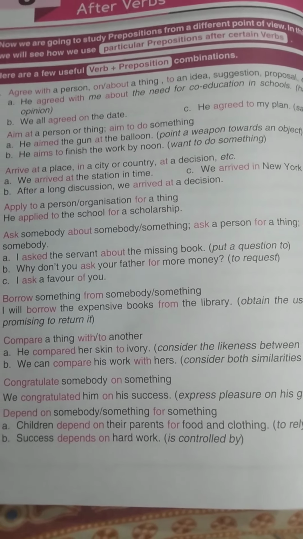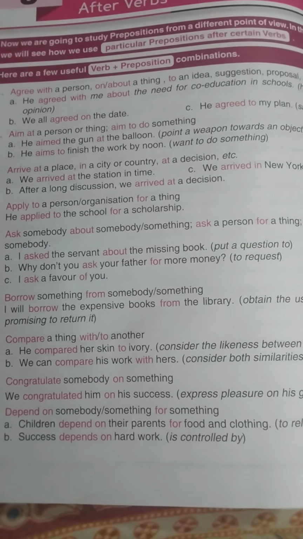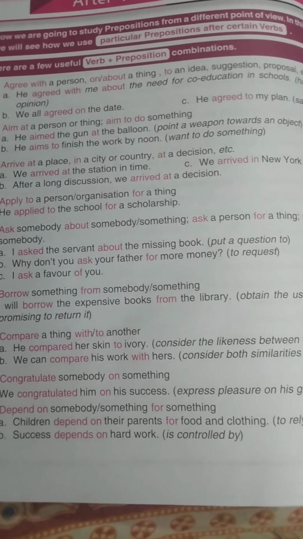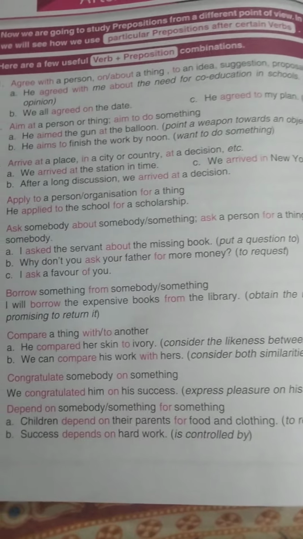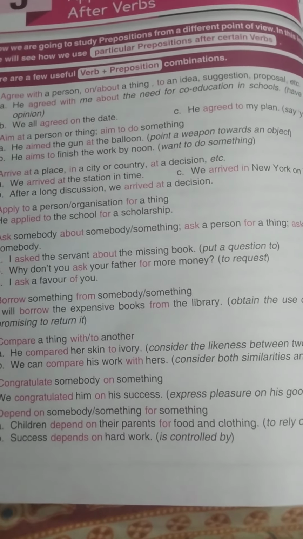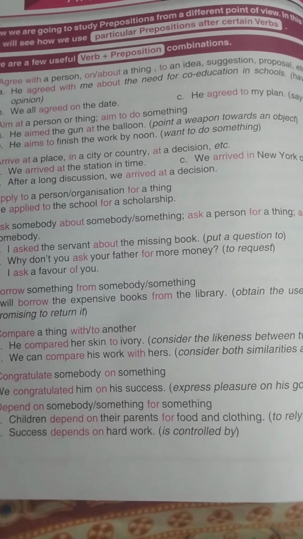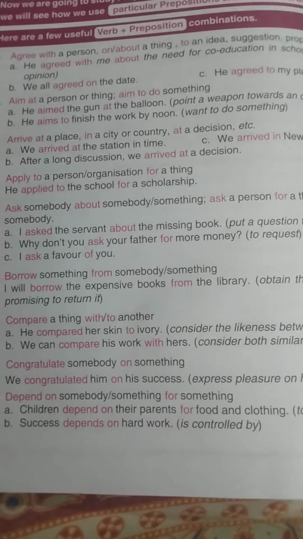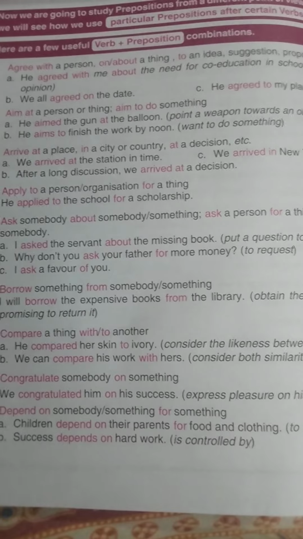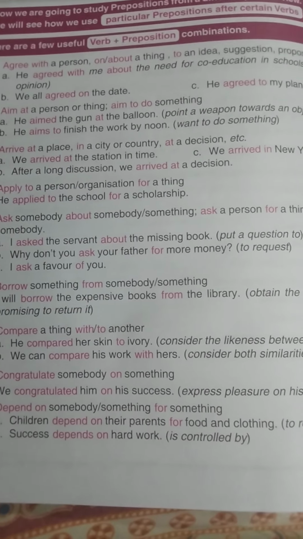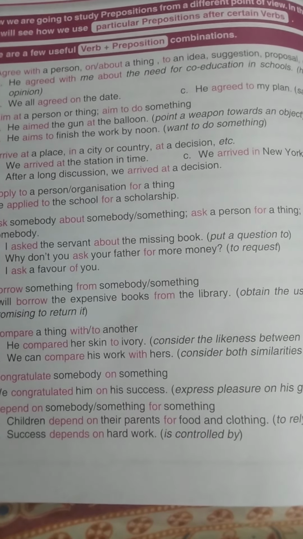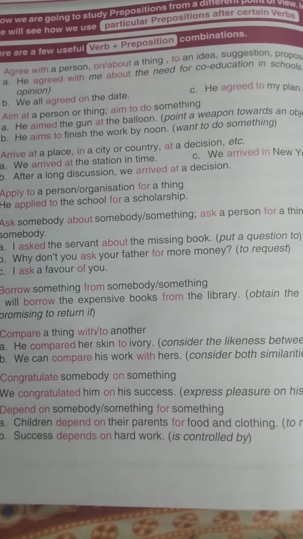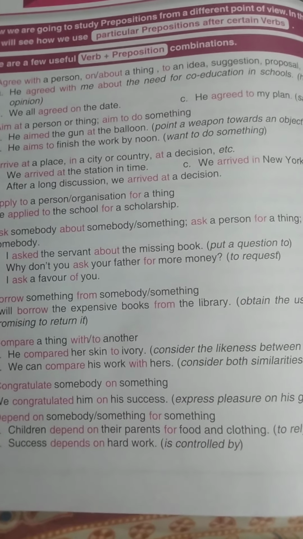The preposition with, on, or about goes with the verb agree. The places are different, so these sentences or examples will help you to know the things in a better way. You may use your own sentences also, but let's go with the examples which are given in the book.